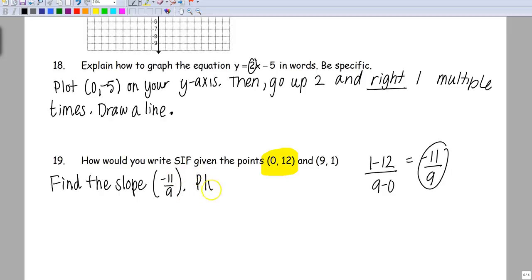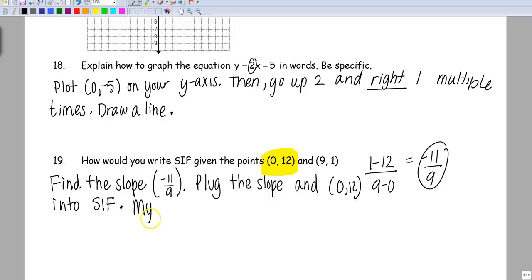And then I am plugging the slope and 0, 12 into SIF. Okay, my answer is y equals negative 11 over 9x plus 12 because I do have that starting point.